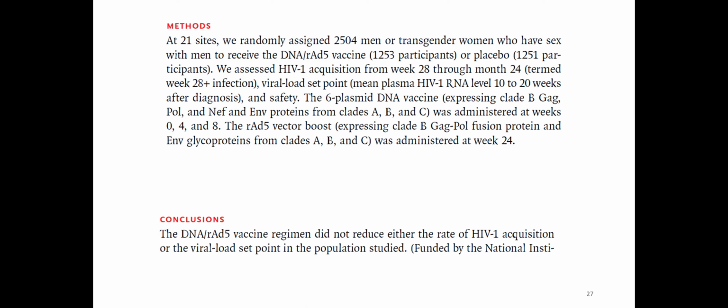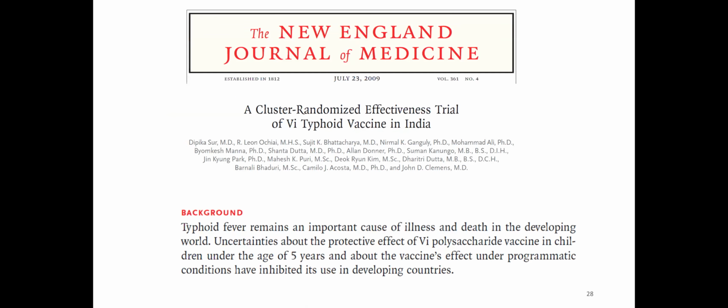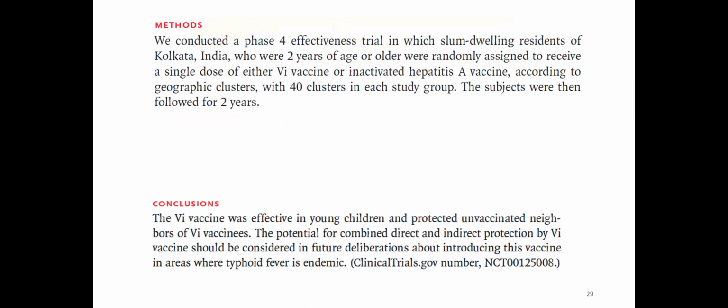So that's an example of a trial that looked at the efficacy of a HIV vaccine. So this is another randomized controlled trial, but it specifically looked at the effectiveness of a vaccine. This was a vaccine against typhoid.